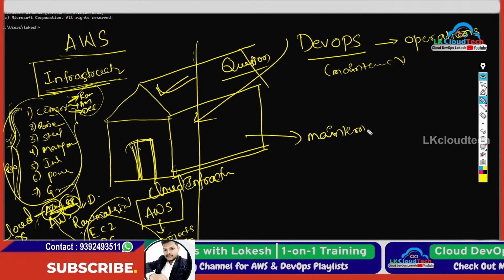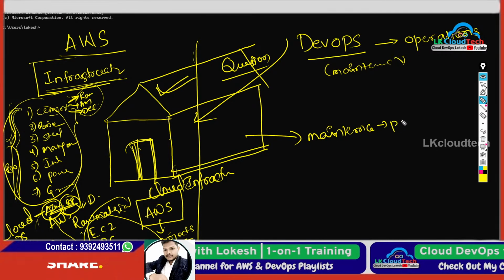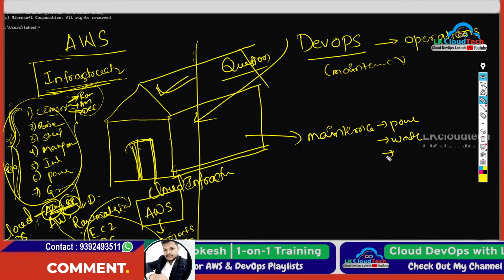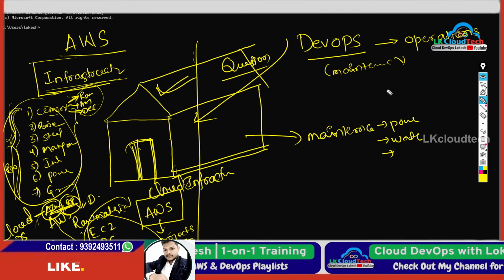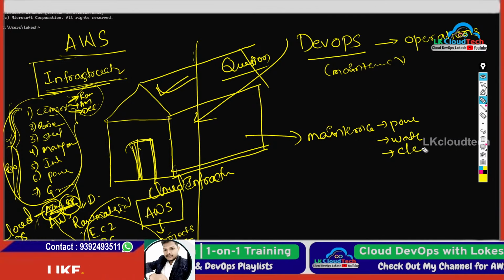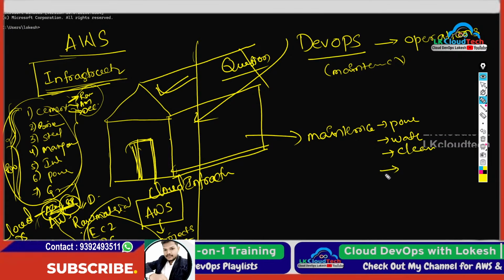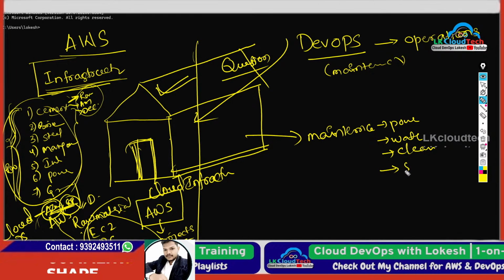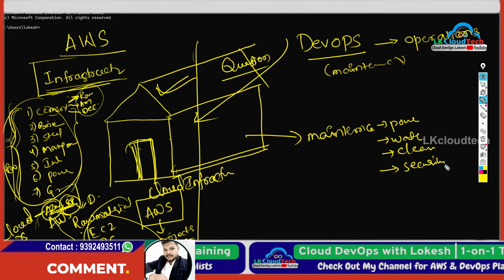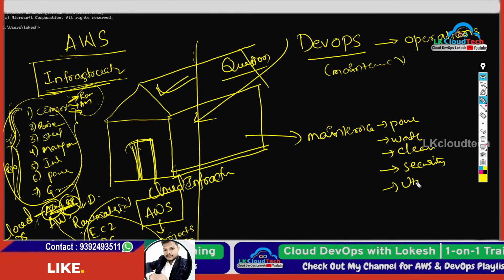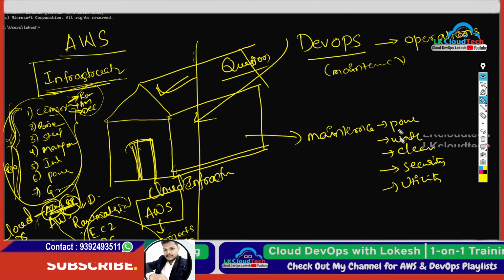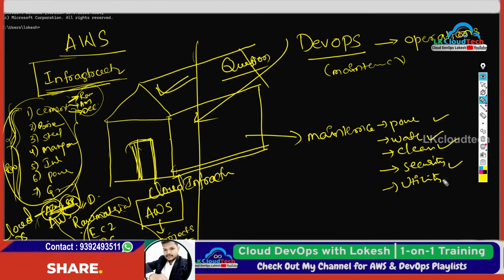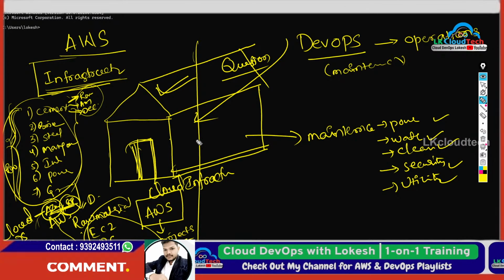Maintenance: power maintenance, water maintenance, cleaning, security, utilities. All utilities you are keeping, power maintenance, water maintenance, cleaning, security, utility, all come under the general house maintenance.